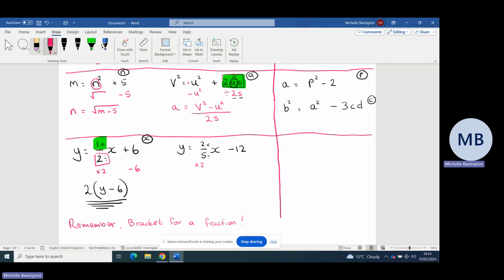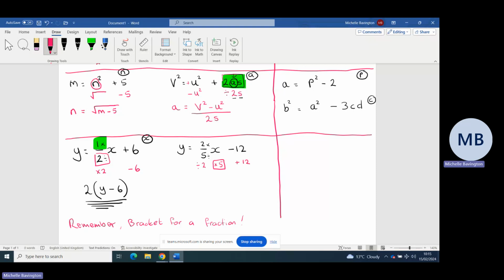But don't forget opposite. And I nearly did. I'm not going to lie. So I've got a divide by 2. I've got a times by 5. Times by 5 will go outside my bracket. And then I've got the opposite of that, which is plus 12.